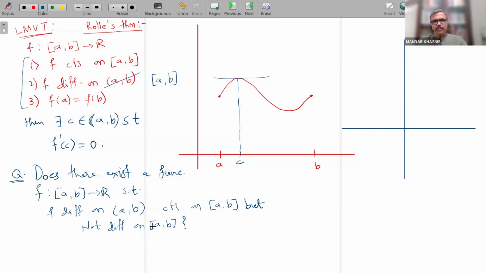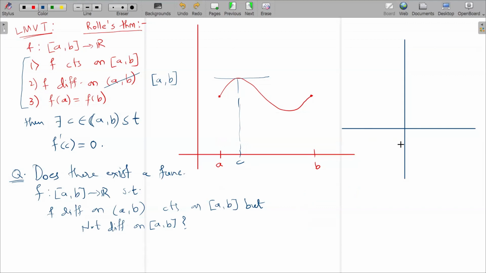I don't want differentiability at endpoints. That means there should be more than one option to declare as tangent, like what happens to mod, or the tangent should be a line parallel to the y-axis. Such a tangent line appears. Then it is root x.